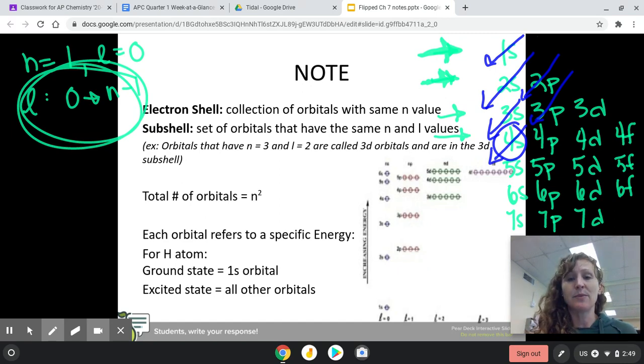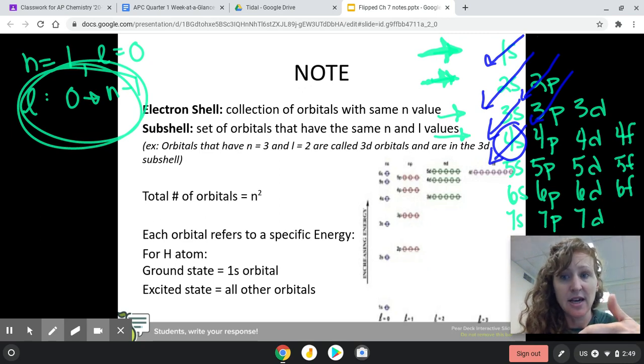Well, the exact same thing is happening with our solutions to the Schrodinger equation, those probability map pictures. As you get more electrons, those electrons have more and more possible interferences. And therefore, you're going to get a more and more complicated picture.